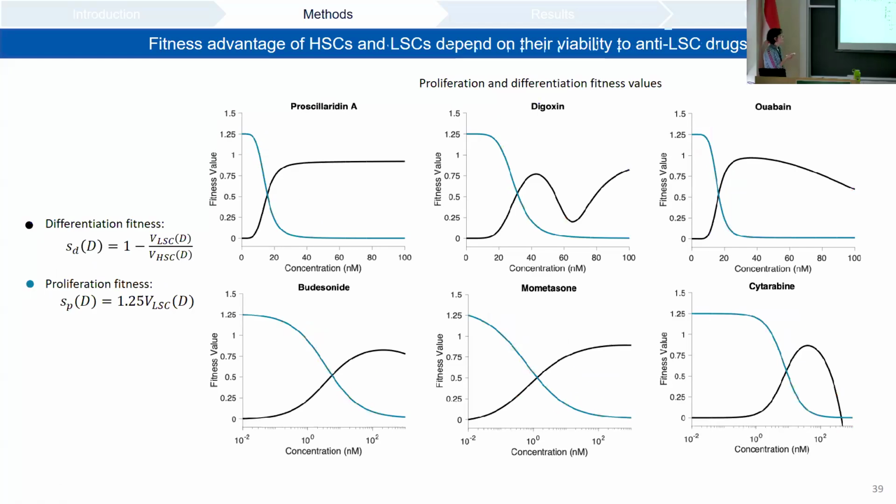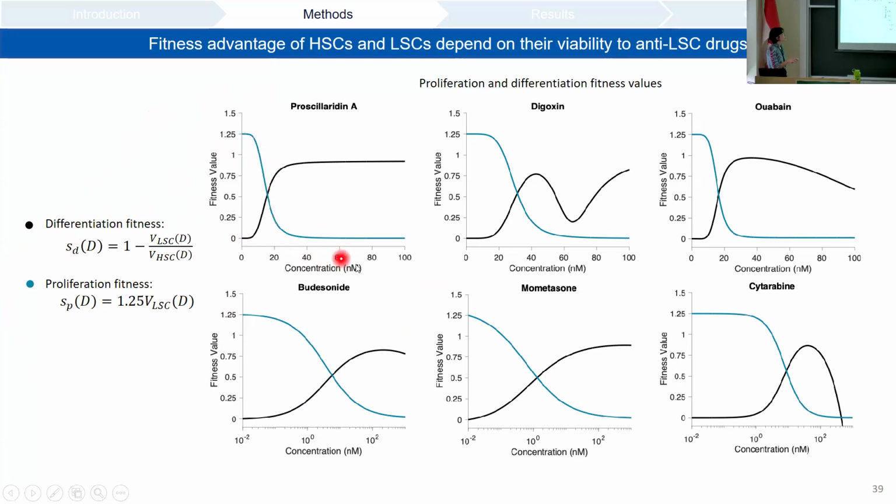So now with the viability for both HSCs and LSCs, we define the differentiation fitness and the proliferation fitness using these simple equations. What you can see here is that the leukemic stem cell will have a 25% proliferation advantage that will decrease as concentration of a certain drug is applied until it reaches 1.